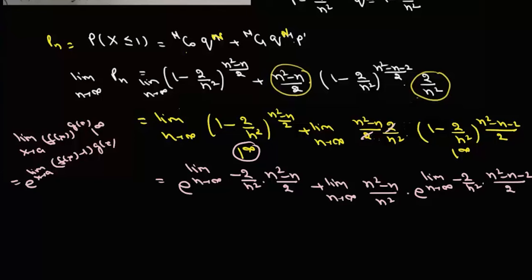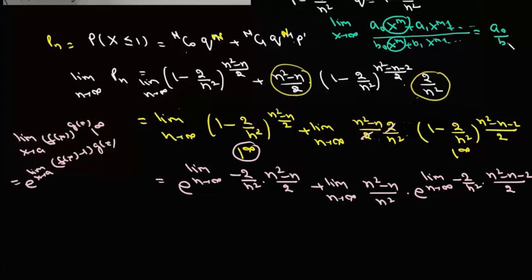Now the second concept in limits that we are going to use is, if we have an infinite limit and if we arrange these polynomials in decreasing power of x, this limit will have a non-zero finite answer if and only if the highest power of x in the numerator and denominator is the same. Then in that case, the answer to this limit will be the coefficients of the higher power. So there will be a naught upon b naught.